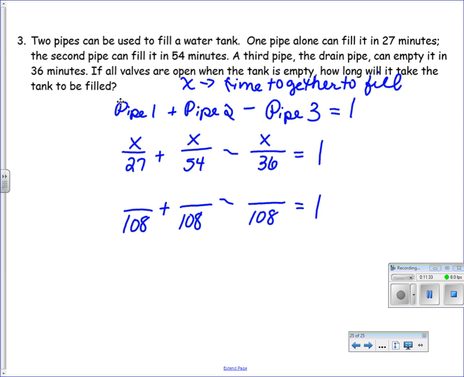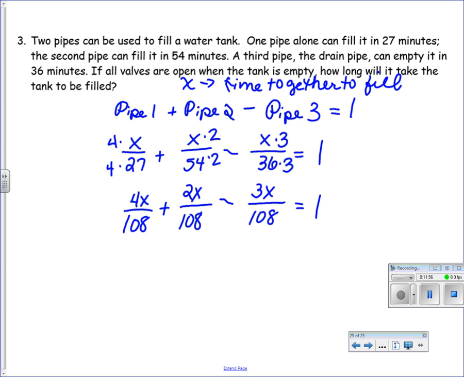So this needed to be multiplied by 4, so it's 4x. This one is going to be multiplied by 2, so I'm going to get 2x. And this one's being multiplied by 3, so I need to multiply the numerator by 3.